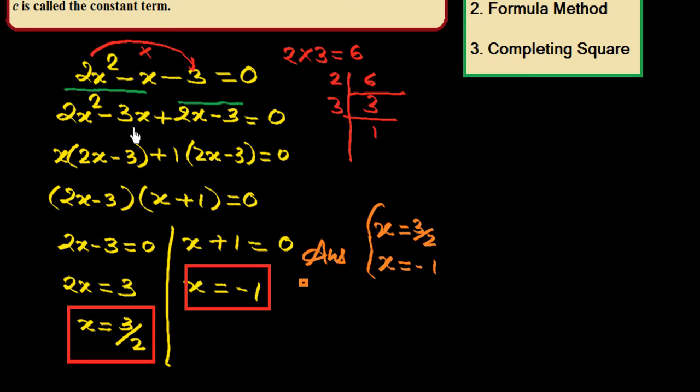Then we take out something common from the first two terms, then from the remaining two terms, and then again take out the common factor from both terms and put the remaining as a factor. So we get two factors, then make the factors equal to 0 and find the value of x. In this way you could easily find the roots of a quadratic equation through the factorization method.